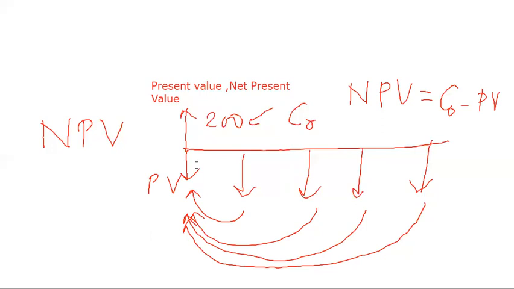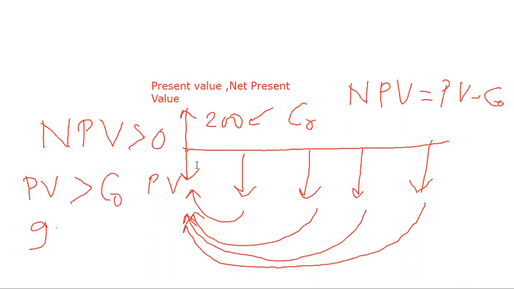I will define it the other way, as PV minus C naught. If the NPV, the net present value, is greater than 0, what is the meaning of this? The present value of the savings which you are going to get is greater than the investment you have put, which is good.